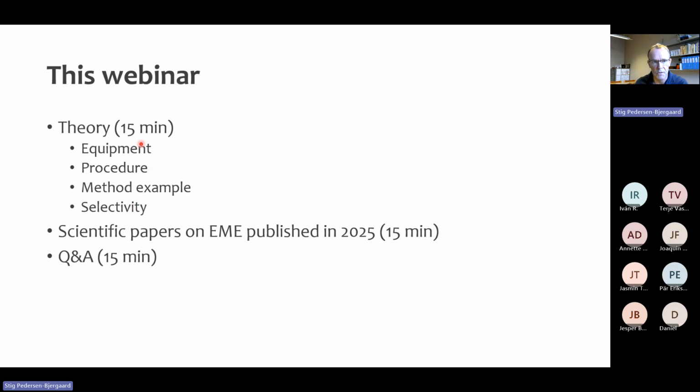I will try to be short because I guess that most of you already know the basics of EME. Then I picked out a few papers published recently on the development of EME to give you an idea of what's going on at the forefront of research related to EME. And then at the end, we should have questions and discussions.